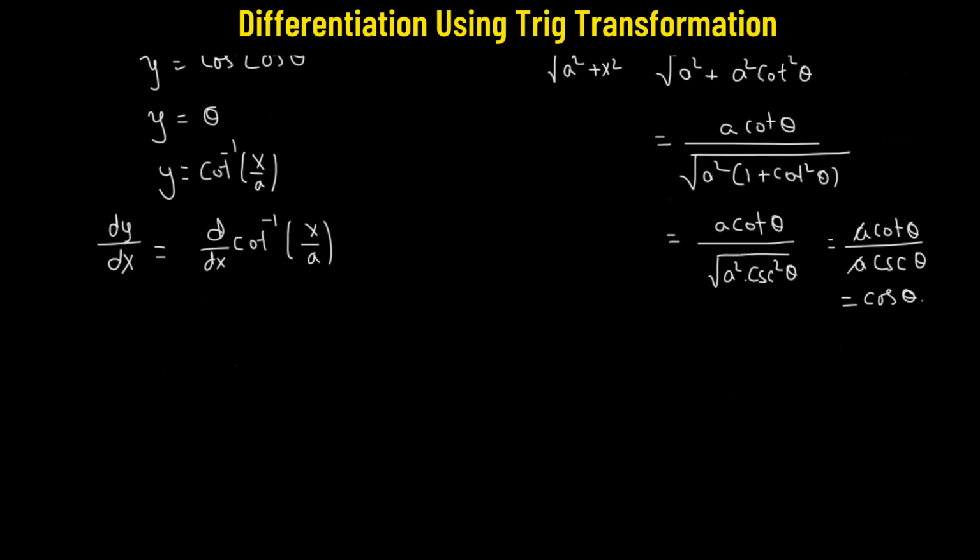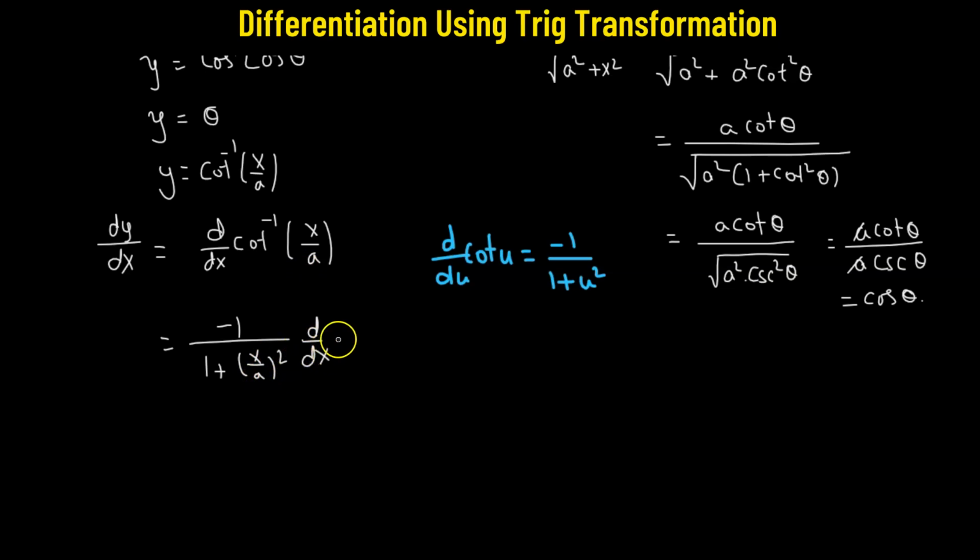So let's do that. Now we know that the derivative of the inverse cotangent function is given by -1 divided by 1 plus u squared. In our case we have x over a. So this will be -1 divided by 1 plus x over a whole squared, but we'll have to use the chain rule, so we'll multiply it by the derivative with respect to x of x over a.